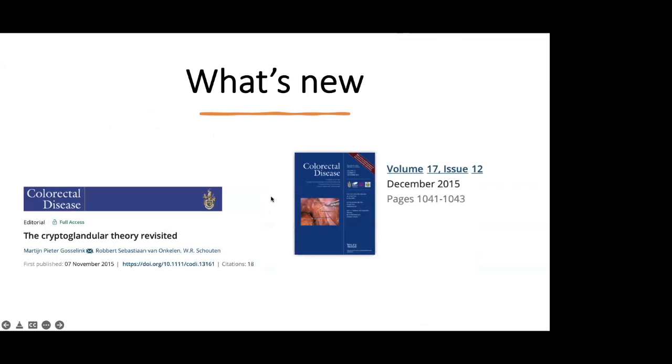Just to go into the conclusion of my presentation, this is one of the latest publications concerning the cryptoglandular theory. I invite you to read this article because it's really interesting and went through all the difficult points that may be discussed according to the controversial points included in the Parks classification.